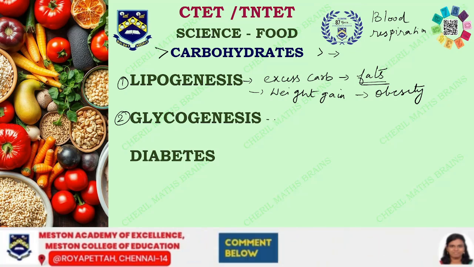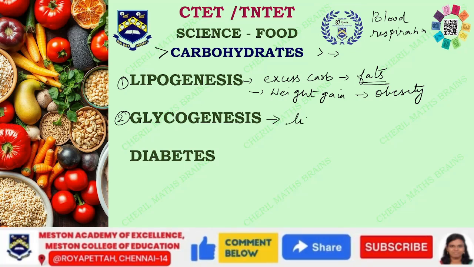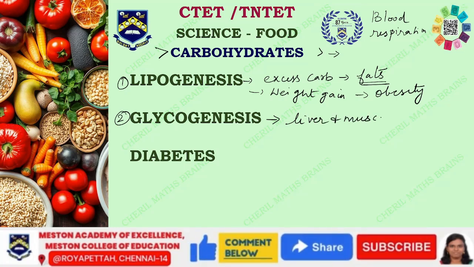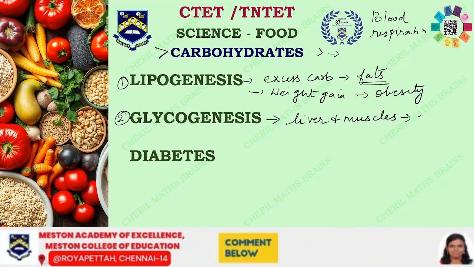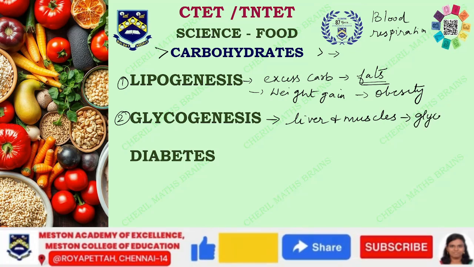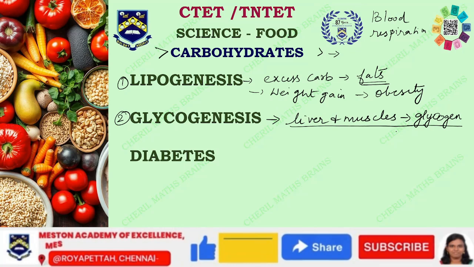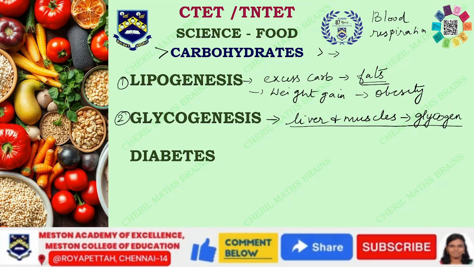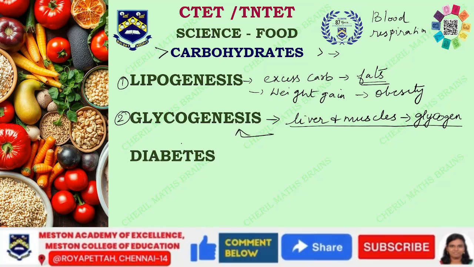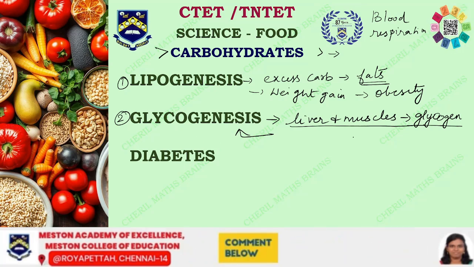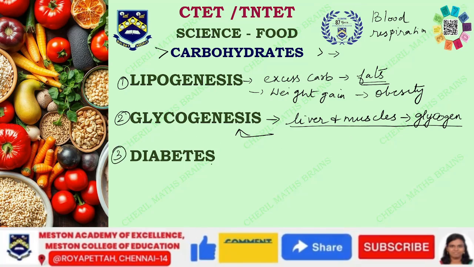If excess glucose is stored in the liver and muscles, it is stored in the form of glycogen. This process of glucose getting stored in the liver and muscles as glycogen is called glycogenesis. The third condition is going to be diabetes.